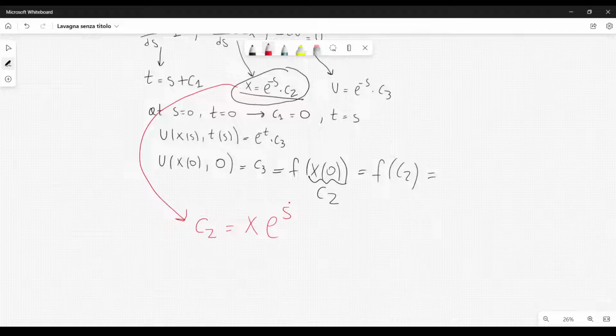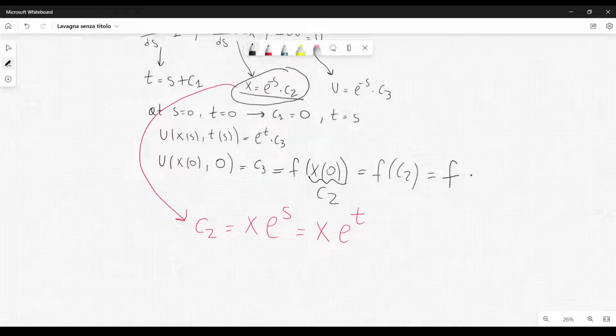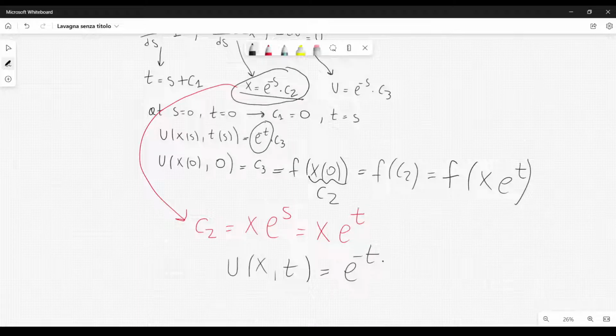And also remember that s is equal to t, so this is equal to x times e to the t. So now we have to be more general and rewrite this as f of x times e to the t, which means that we can rewrite u of x, t in terms of the two variables x and t instead of the variable s. This is simply e to the minus t, which multiplies f of x e to the t.